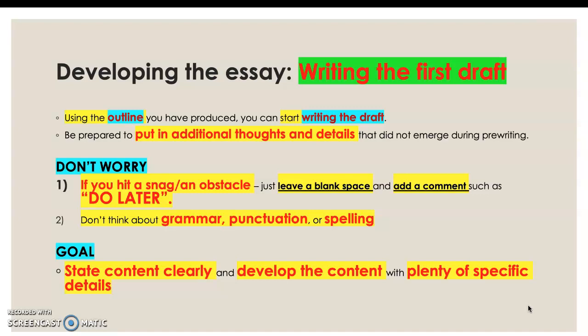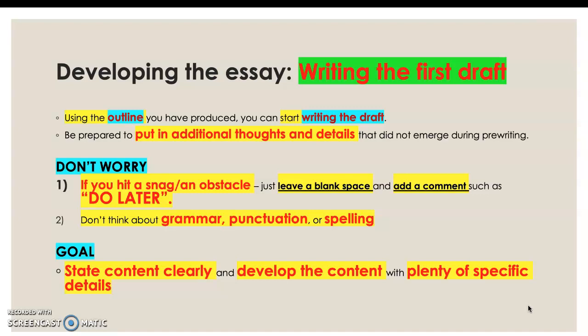So in writing the first draft, although you have submitted your first draft, this is to tell you what it looks like actually. The first draft comes from the outline that you have written, all right? Then you use that outline to write your first draft, all right? Because some people have a problem with writing when they do not have ideas and they don't know how to start.